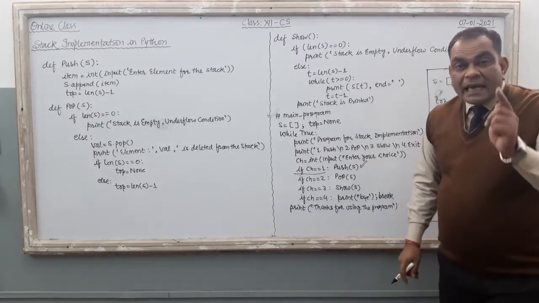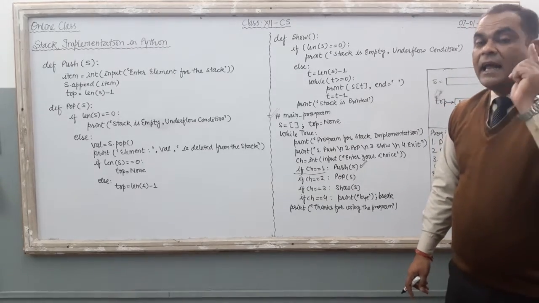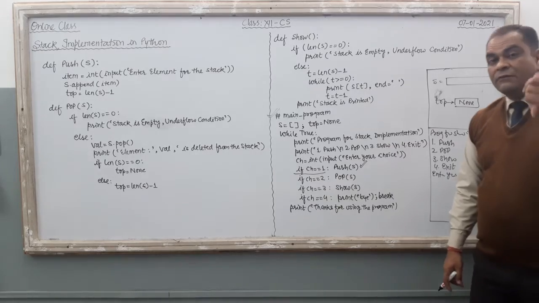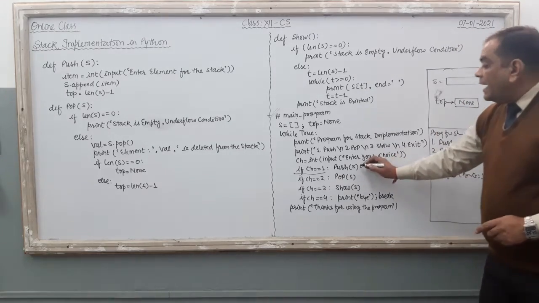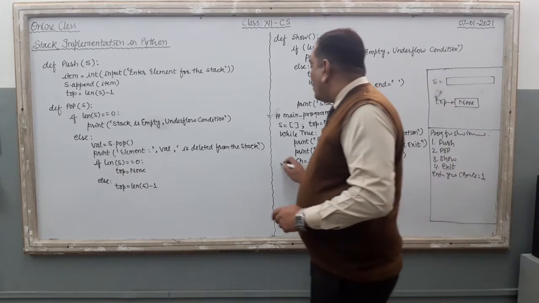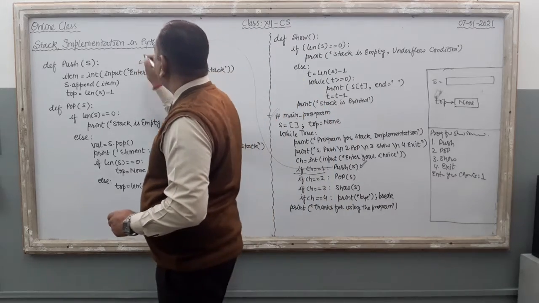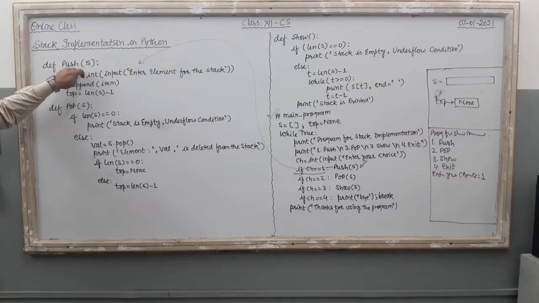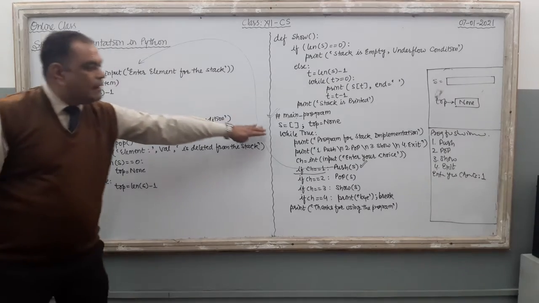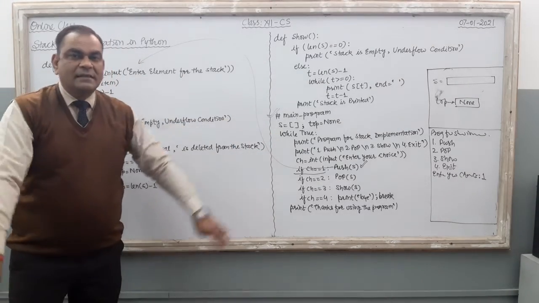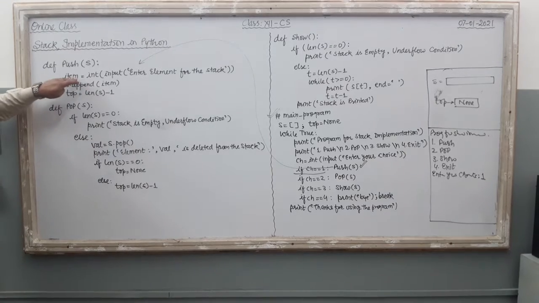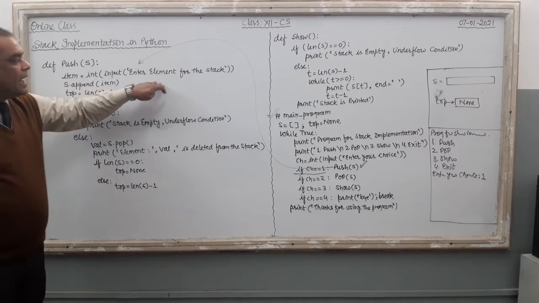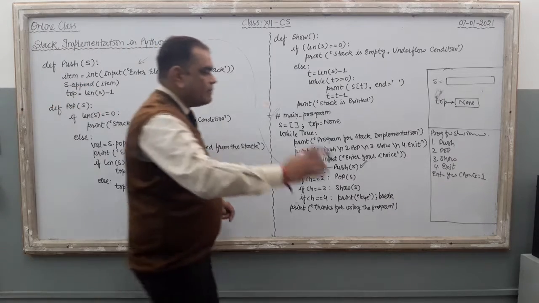Now the computer will check whether any push function is available in your program, and if the function is available, it will shift you from this line to the function. So here the push function is available, and you are on the push function. S means the empty list. Right now the stack is empty, and then see, item equal to integer input, enter element for the stack. The same message is there.